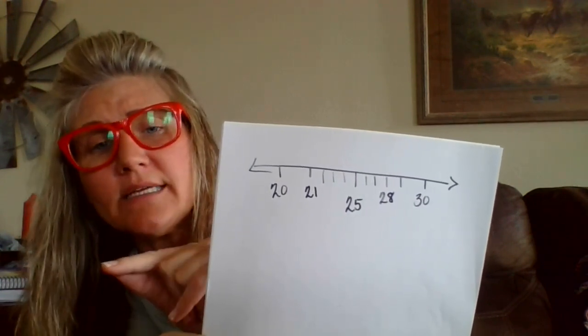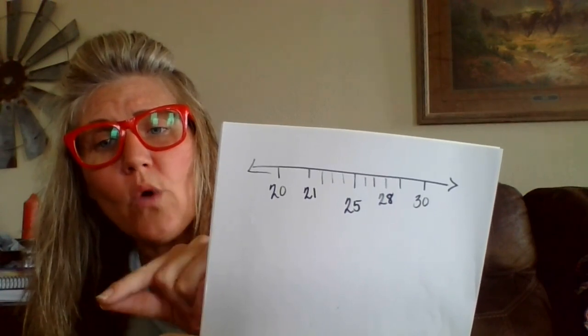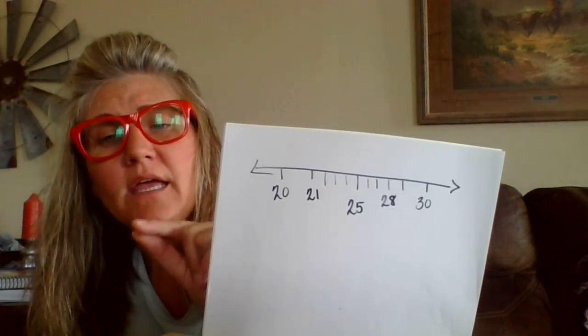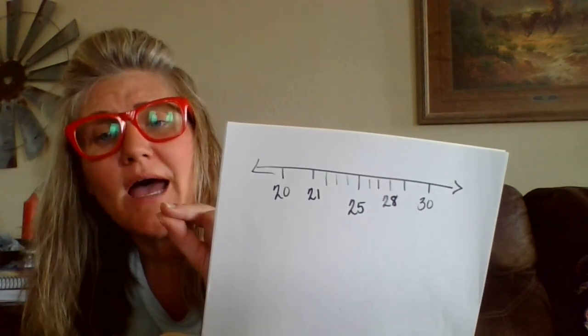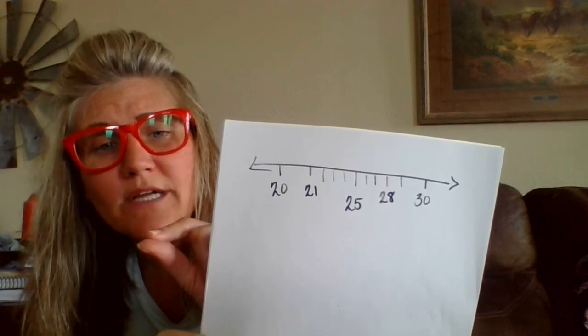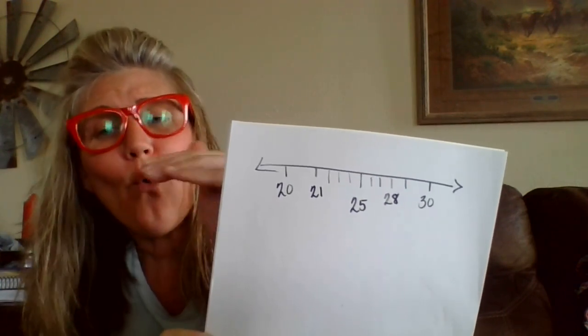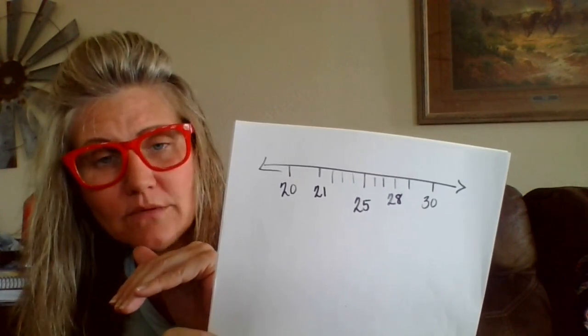Well, the rule is if your number in your ones place is 5 or more, you round up. If your number in your ones place is 4 or less, you're going to round down.